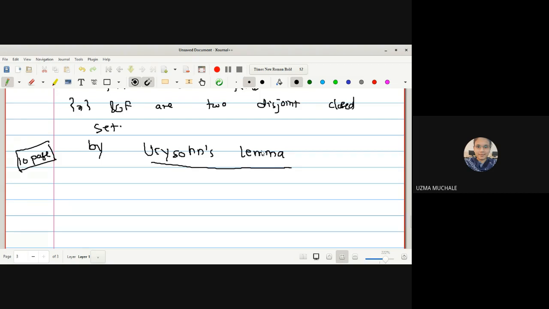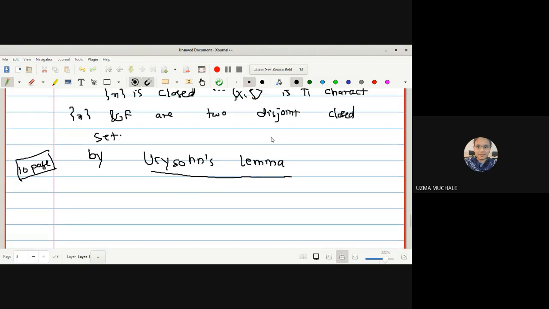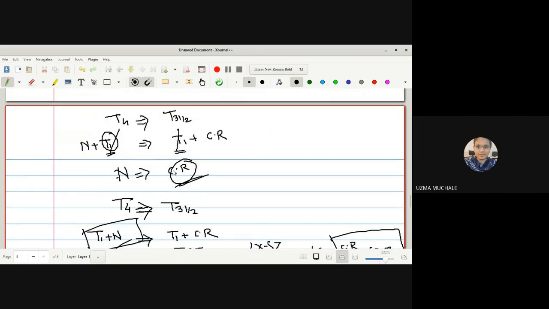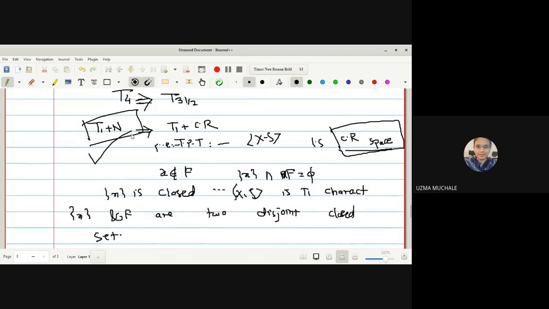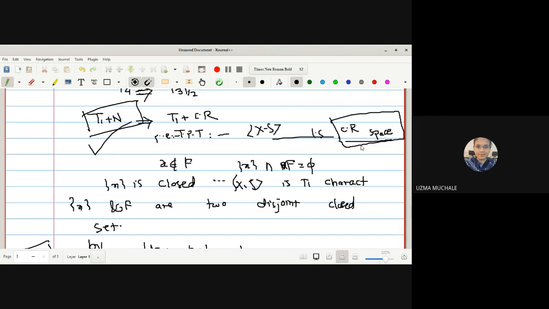Given that X is normal plus T1, the given condition is that X is normal, so that is why we can use Urysohn's lemma, and our aim is to prove that it is completely regular. To prove a completely regular space, we have to start with the assumption that F is a closed set which does not contain the point x.